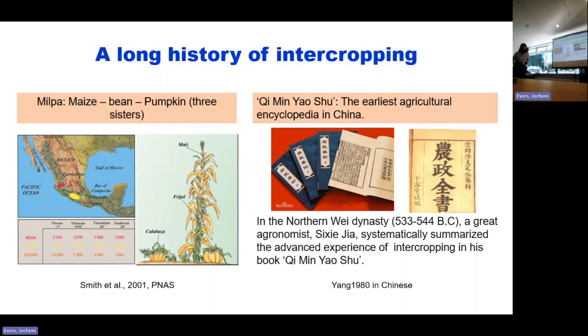This book documented many different cropping systems and agricultural technologies in the Wei dynasty, so it's about thousands of years ago. In this book, it systematically summarized the advanced experience of intercropping.